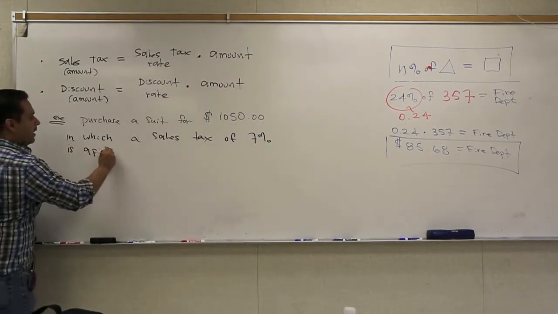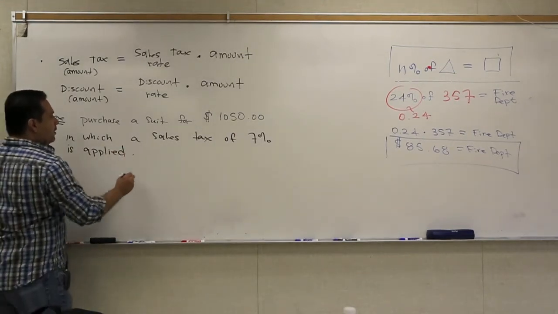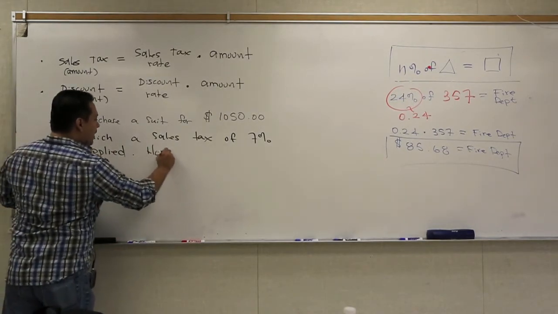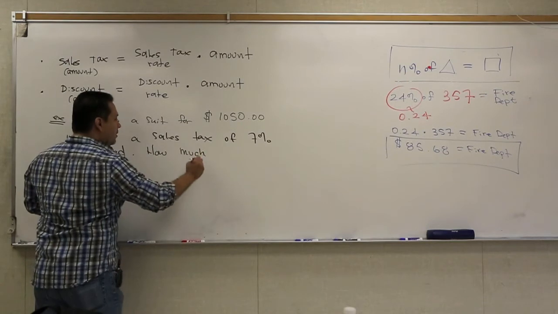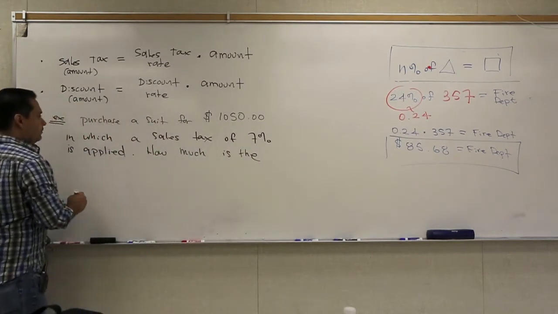Now they may not say directly what it's applied to, but it's applied to the amount. The question's going to be, how much is the total?